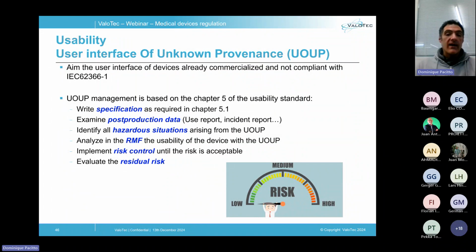After that, analyze in your risk management file the usability related to the interface of unknown provenance. Implement risk controls until the risk level is acceptable; maybe it's not required if your user interface is safe. And lastly, evaluate the residual risk related to your user interface with the risk control means.